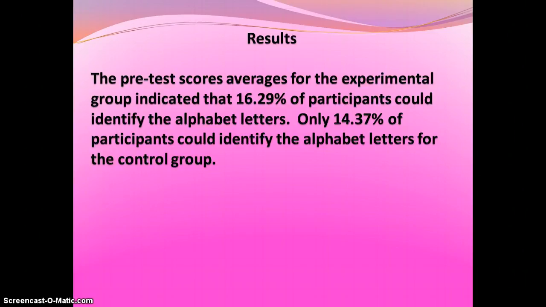The results. Using the mean, median, and mode to calculate whether a significant difference existed, the pre-test score averages for the experimental group indicated that 16.29% of the participants could identify the alphabet letters, and only 14.37% of the participants could identify the alphabet letters for the control group.